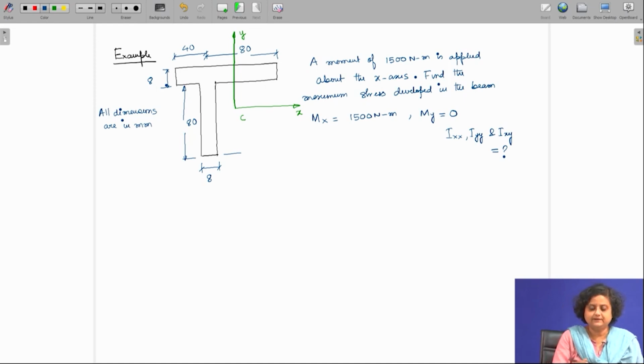Let C be the centroid and let us say that we are measuring this as x bar, the position of the centroid, and we are measuring this as y bar, and we need to find out x bar and y bar.